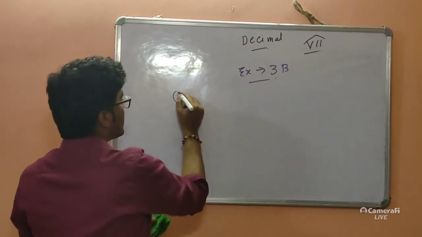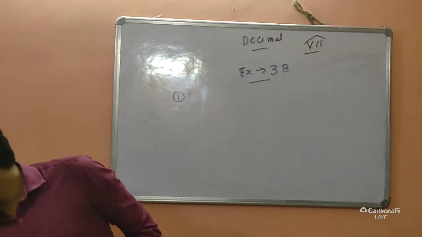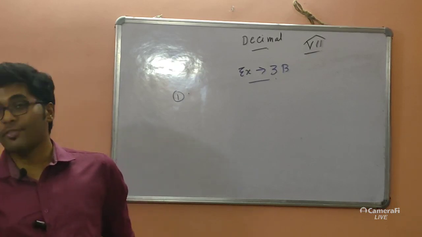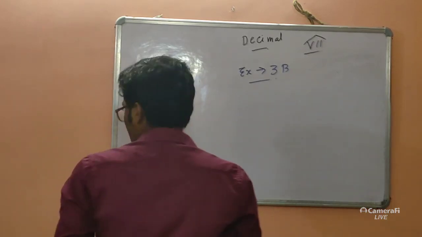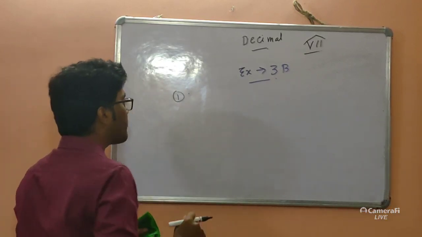Okay, question number 1, addition. When we are doing addition, first we need to remember that we need to convert them into like decimals. So at first you write them column wise as I have been writing previously.